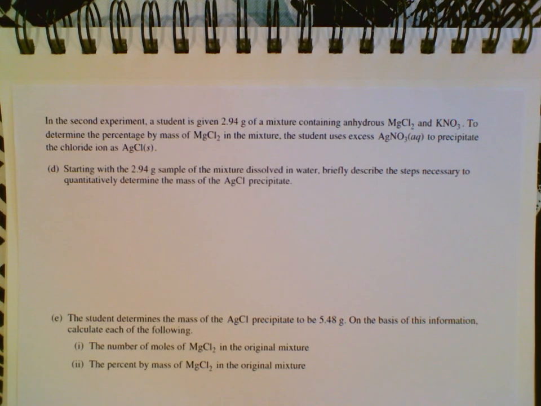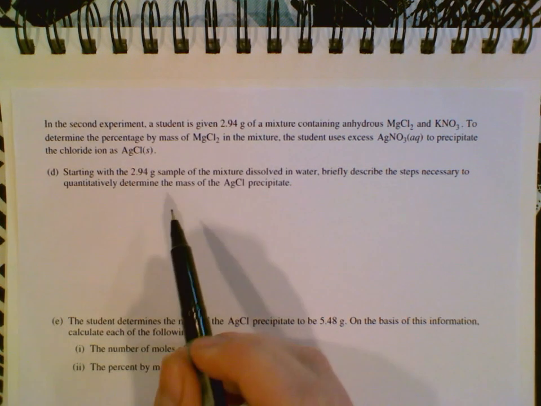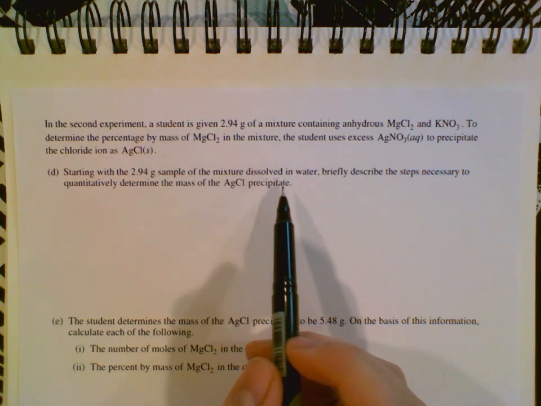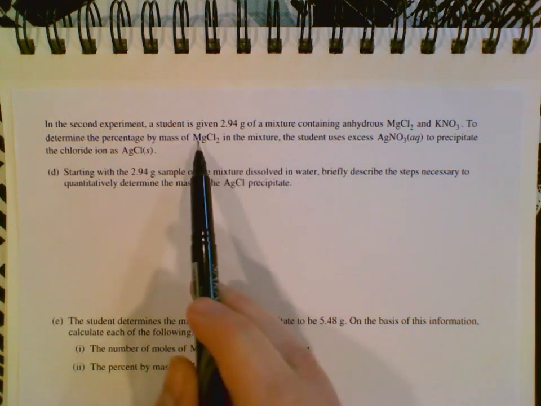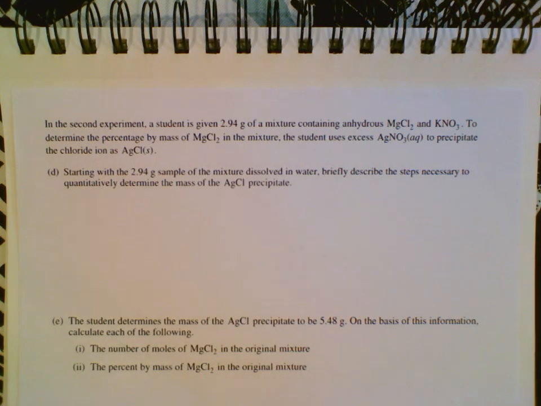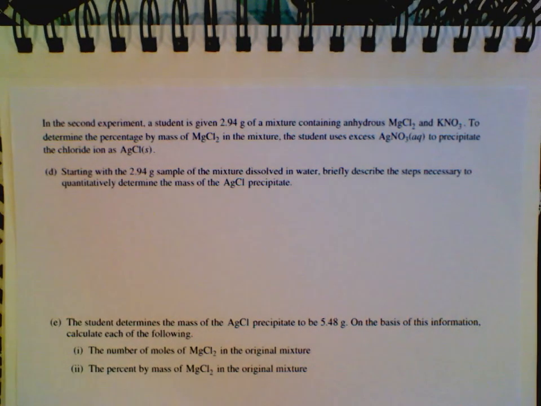Starting with the 2.94 gram sample of the mixture, briefly describe the steps necessary to determine the mass of precipitate. So they are talking about how you are going to make that precipitate first of all, and then collect the precipitate.